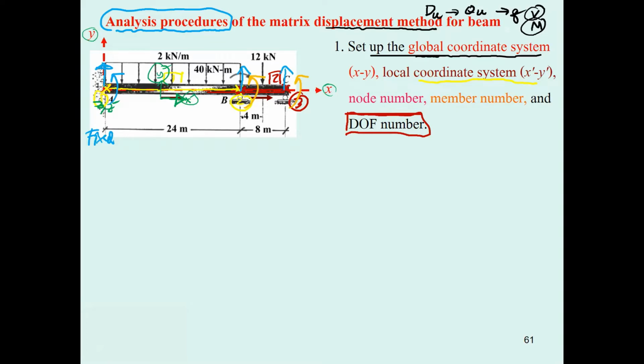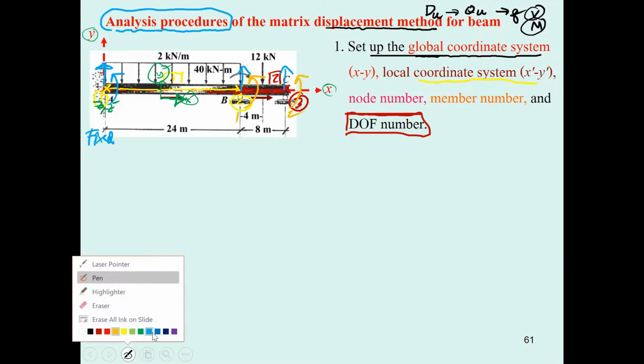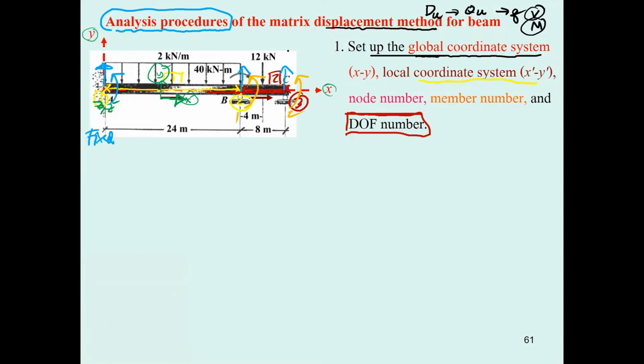When you put in the numbers, you put this one 1, this 2, and then you go a little further: this one 3, this one 4, this one 5. You go by the y first, and this one 6. By this numbering you have a total of 6 degrees of freedom, because you have 3 nodes.